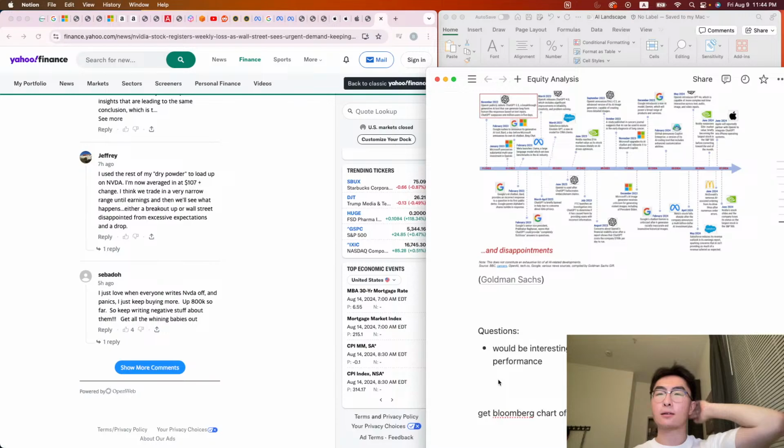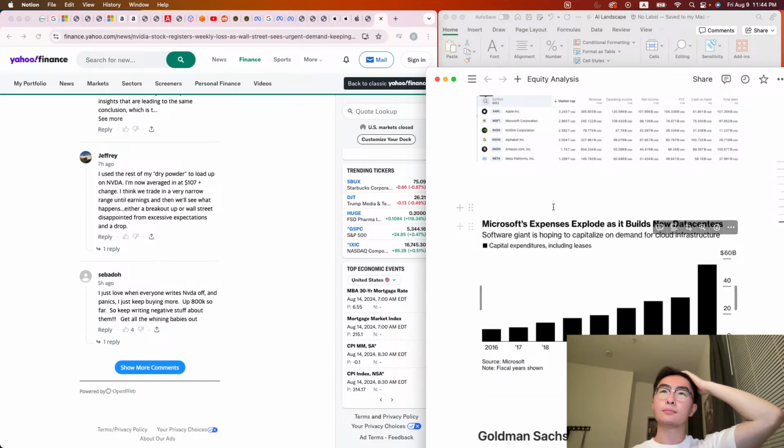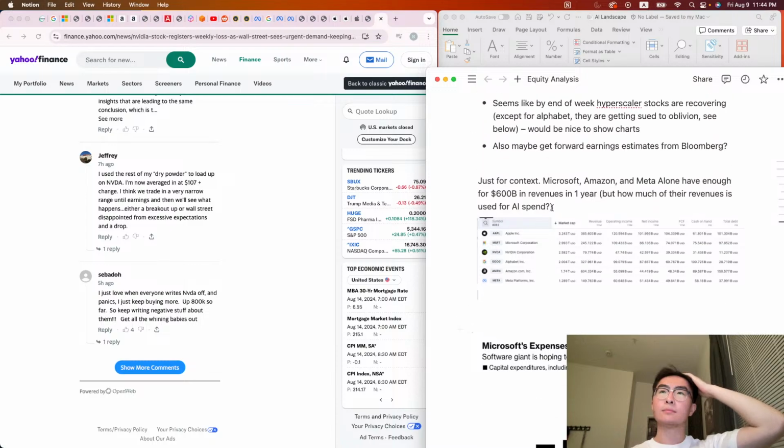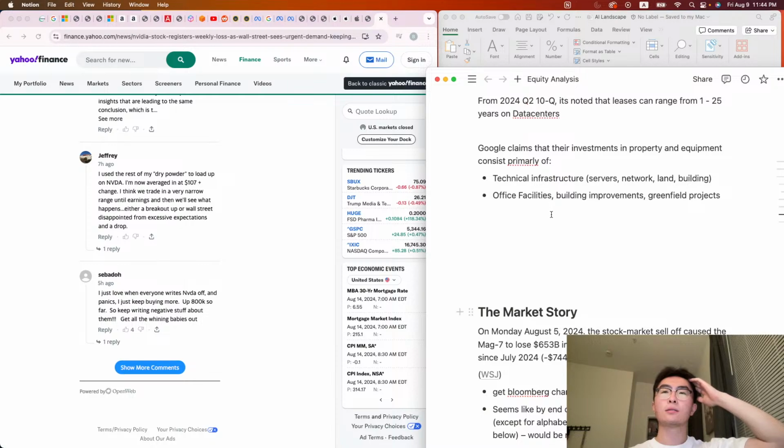I think notes for these Mag 7 stocks, I think that they are going to be prone to a lot of volatility in the future.